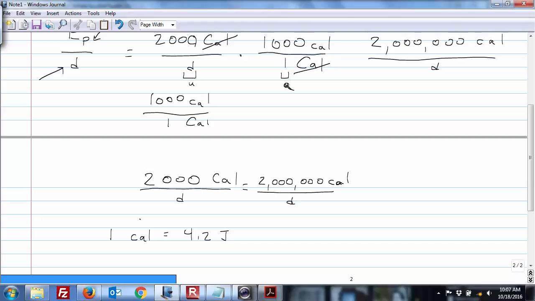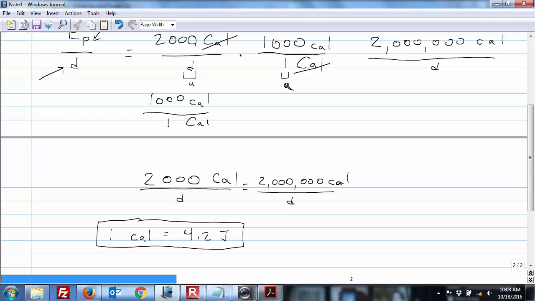I'm just going to take this little equation, and really, when you look at this thing, if I were to divide the left side by the right side, or vice versa, what number am I going to get? If I divide 1 calorie by 4.2 joules, what's the value of that? Or vice versa, if I divide 4.2 joules by 1 calorie, what does that equal?